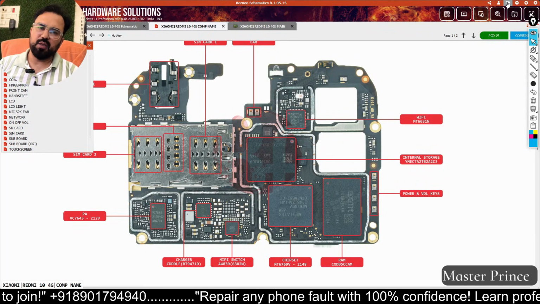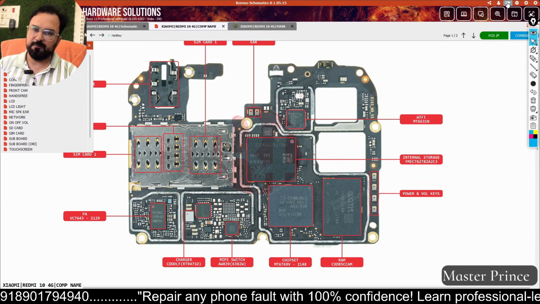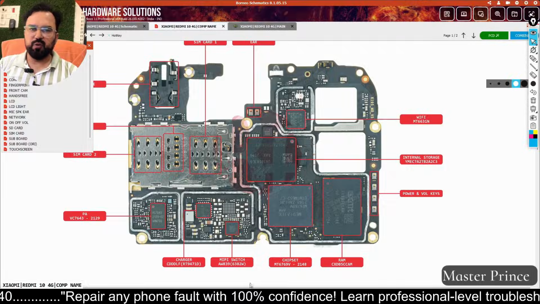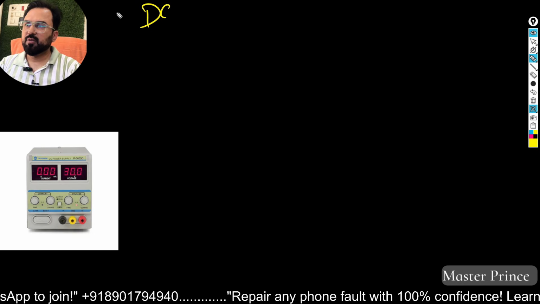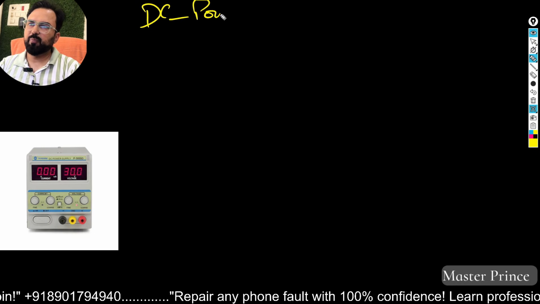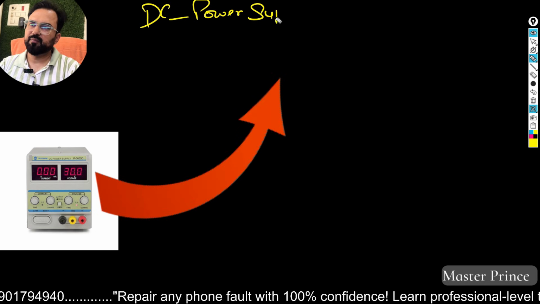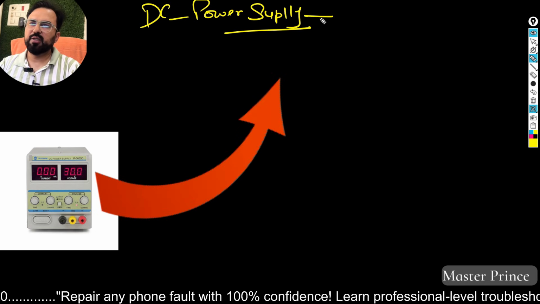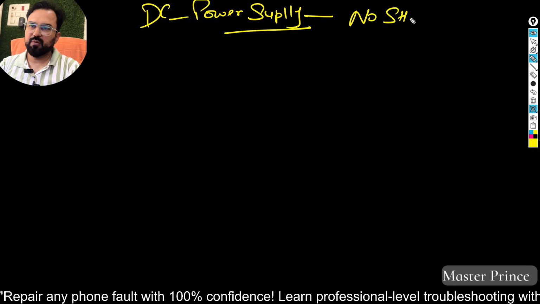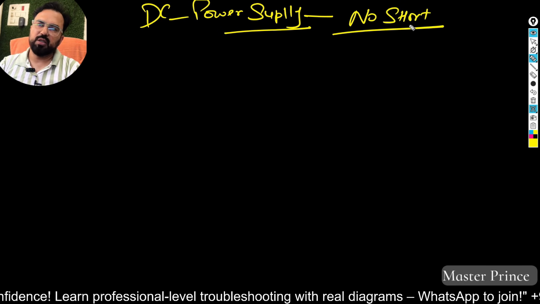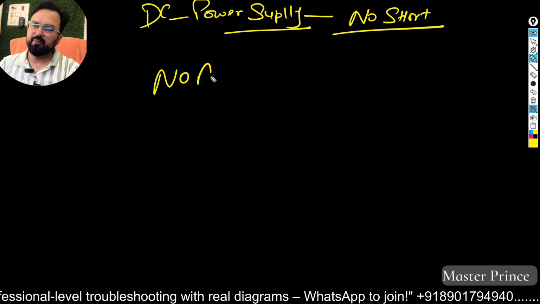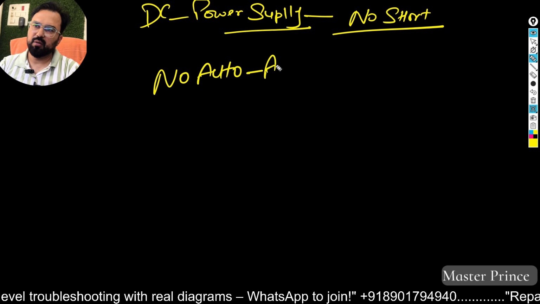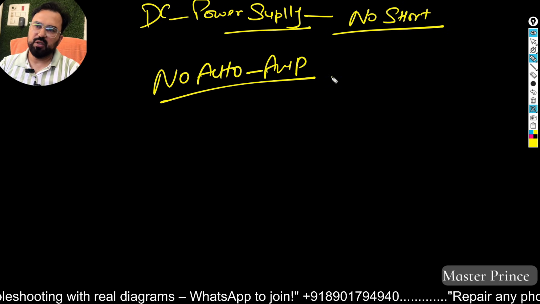First you connect the DC power supply. Let's say there is no short circuit. When you connect the DC power supply, your mobile phone motherboard is not taking any amperage, so there is no short circuit.